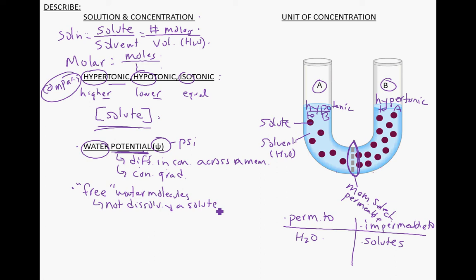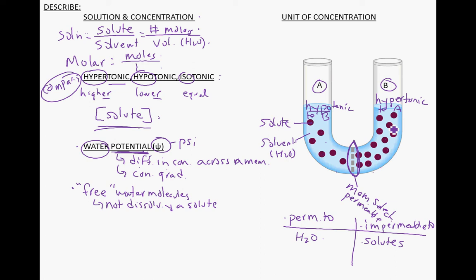If there are fewer solutes, there's fewer things to dissolve over here. That means there are more free water molecules here, free to osmose or to move. On this side B over here, there are more solutes, so the same volume of water will be busy, quote unquote, dissolving those solutes, and therefore will not be able to osmose or diffuse across the membrane.